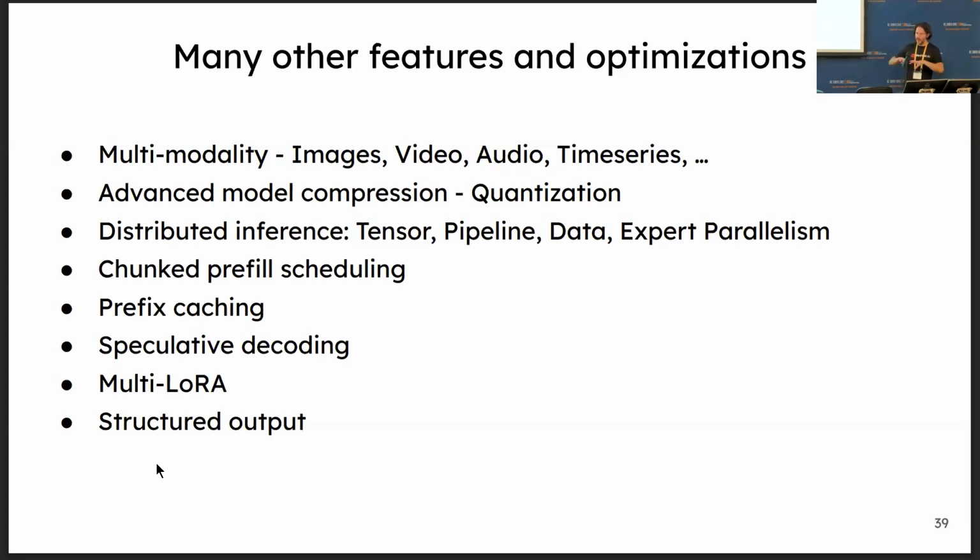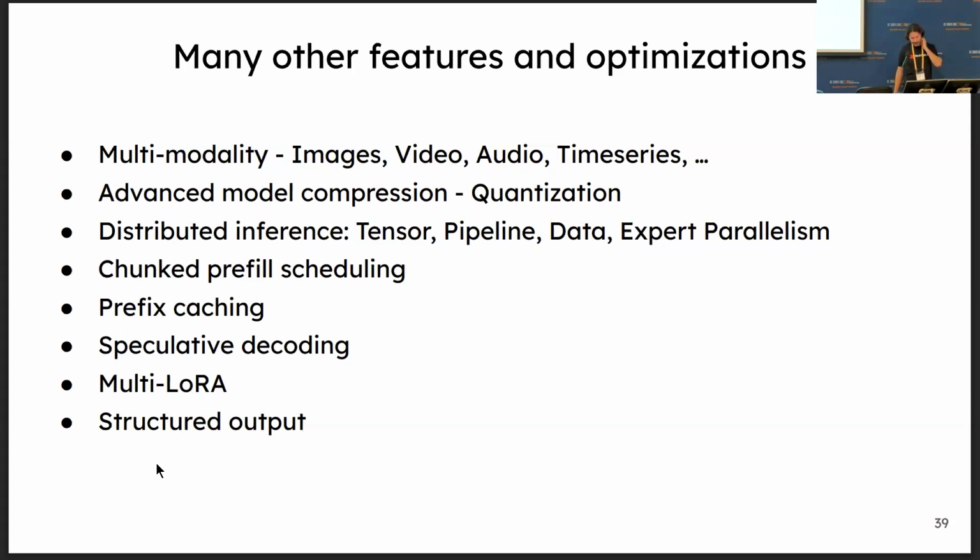With data parallelism, you have a copy of the model on different GPUs, and you split your data up. And then expert parallelism is where, for these mixture of expert models, you distribute the experts amongst the GPUs, and that can help reduce the overhead of the weights that you have to store.